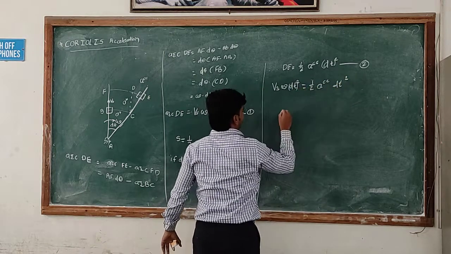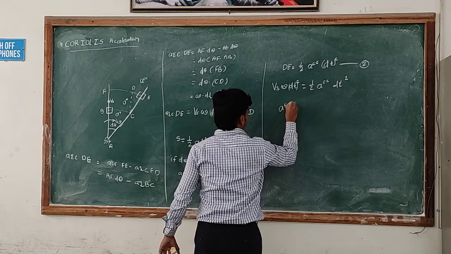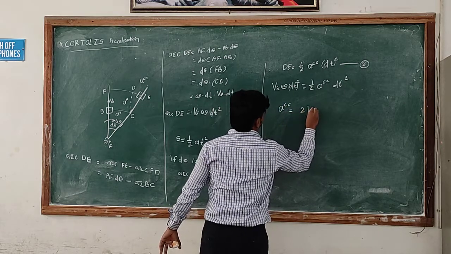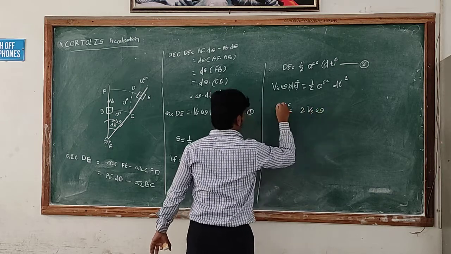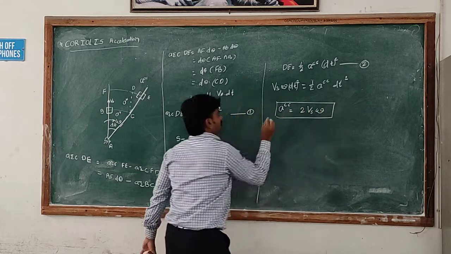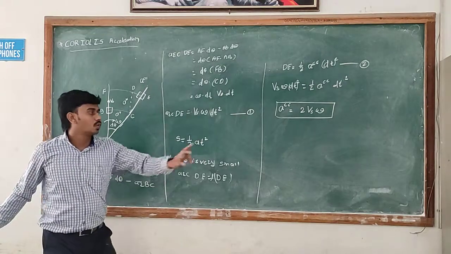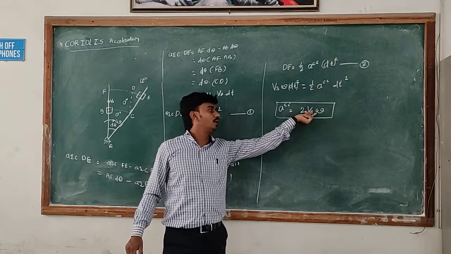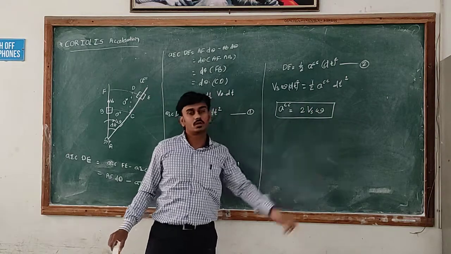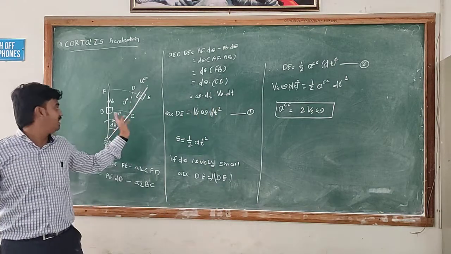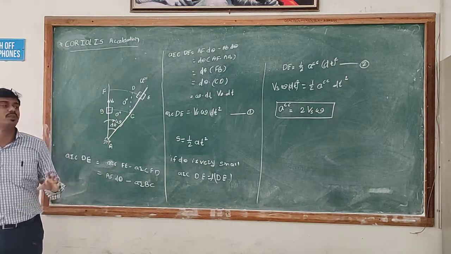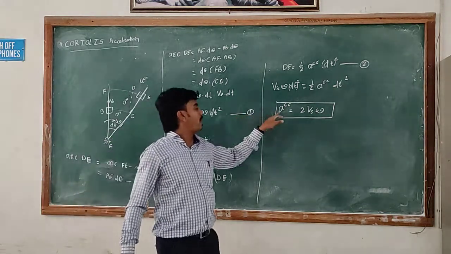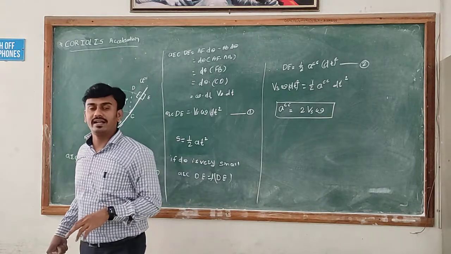So dt square gets cancelled, and ACC is equal to 2 into Vs into omega. That means the Coriolis component of the acceleration is equal to 2 into the sliding velocity of the slider into the angular velocity of the link. This is a formula to calculate the magnitude of the Coriolis component of the acceleration.